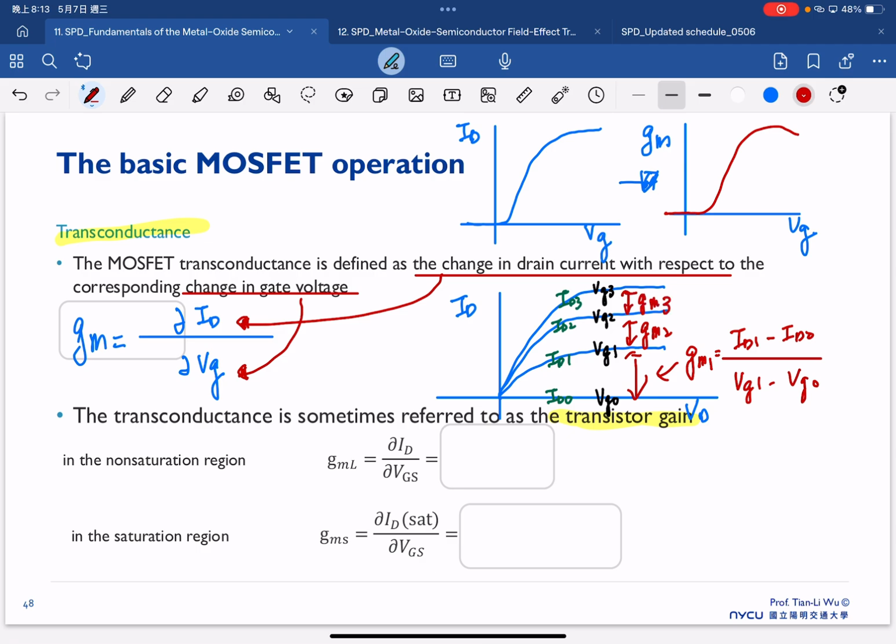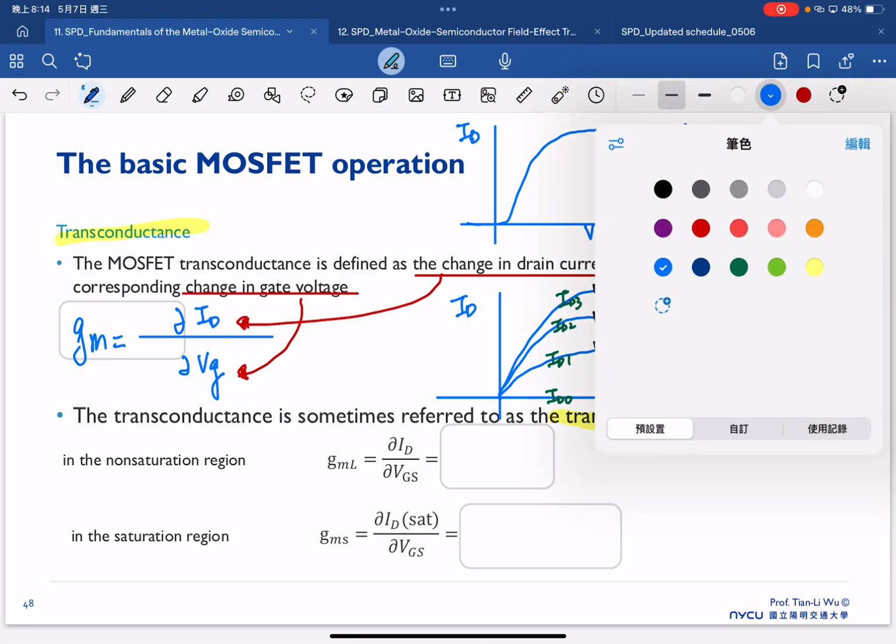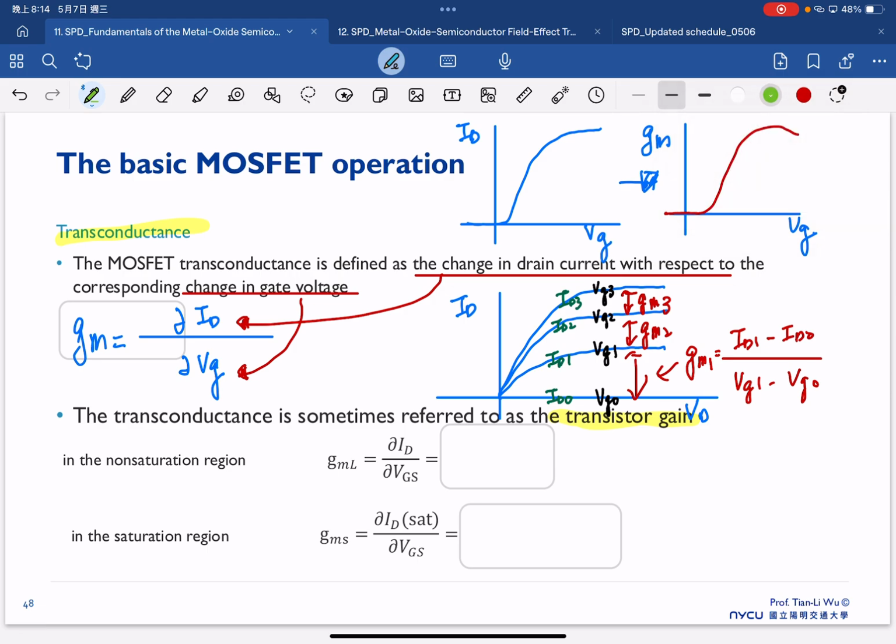And the one general issue we already see from the ID-VG is that the slope decreases, which means your transconductance decreases. This suggests that beyond a certain critical bias, if you want to increase the gate voltage further, your current gain increases very little.